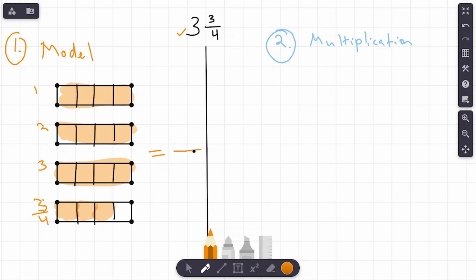Well, what we're going to do is count the number of colored in pieces we have. How many did we shade in? How many fractional parts did we shade in?